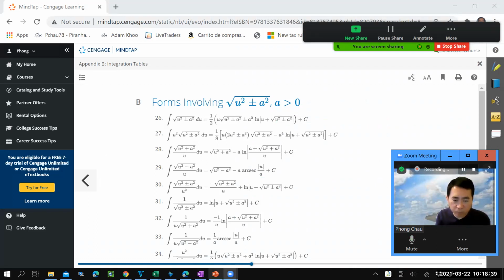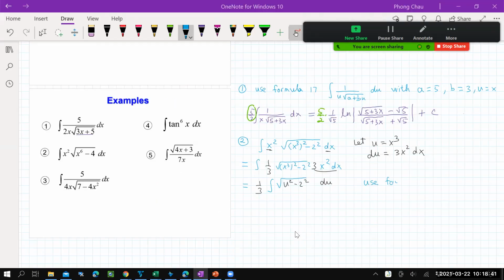So let's write it in 26, with a is 2. In this case, we only have a. u is the same. So just apply the formula, and that's equal to 1/3.